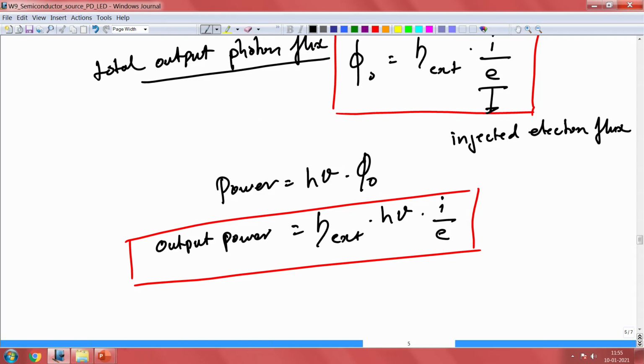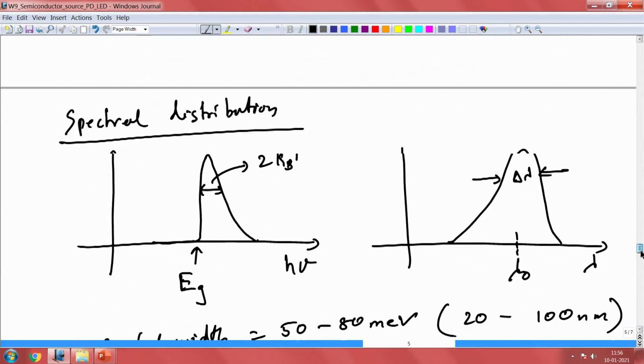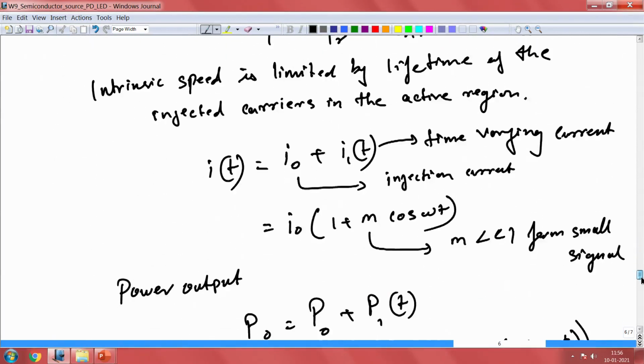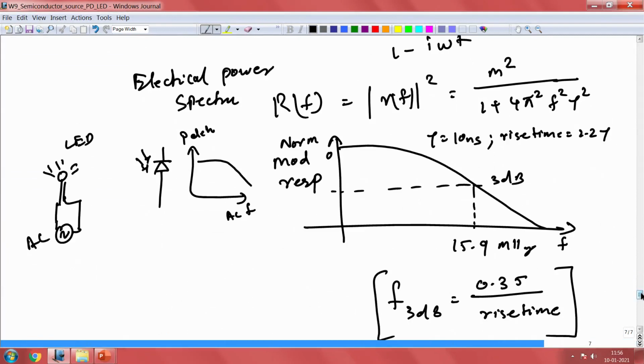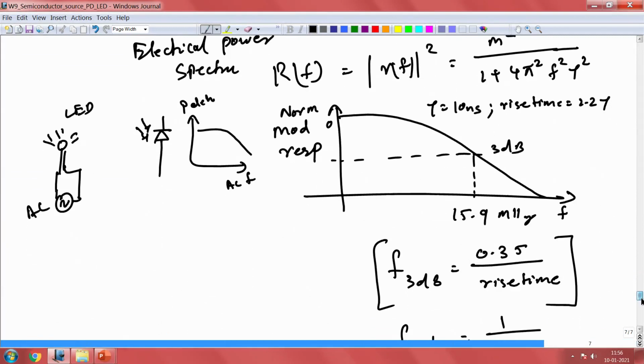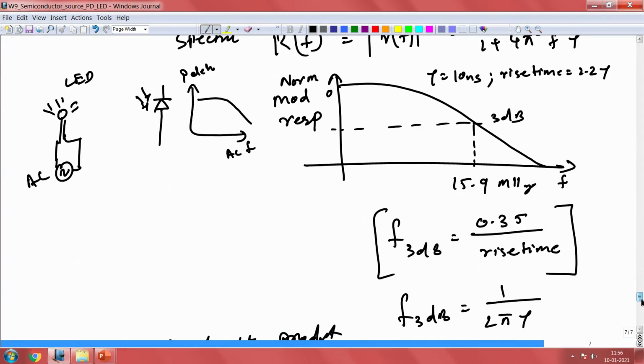So, 1 electron hole pair will create 1 photon that you can extract, but we saw that efficiency is going to be rather low because of your extraction efficiency. We try to do that, but the other parameter we have is how quickly I can push and pull the carrier. This is the modulation front, how easily I can change the intensity.